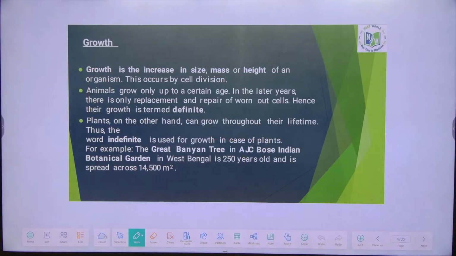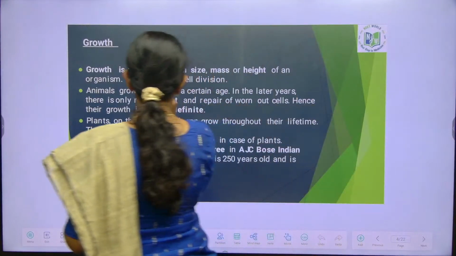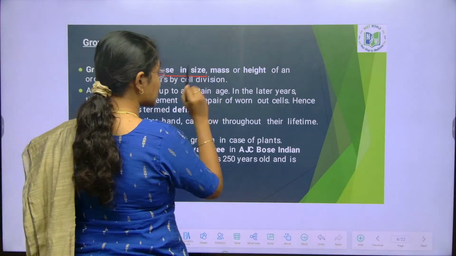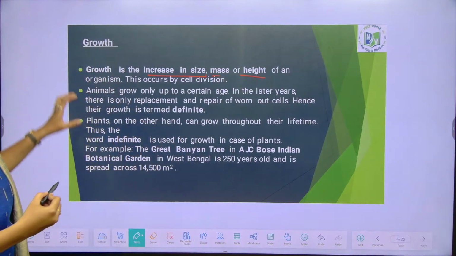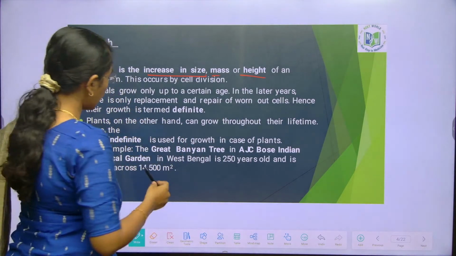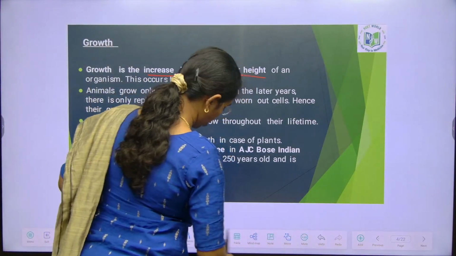First, let us learn about growth. As we have discussed, growth is nothing but an increase in cell number or size or height or mass of the body. We have 2 different types of growth. Let me give you that flow chart once.